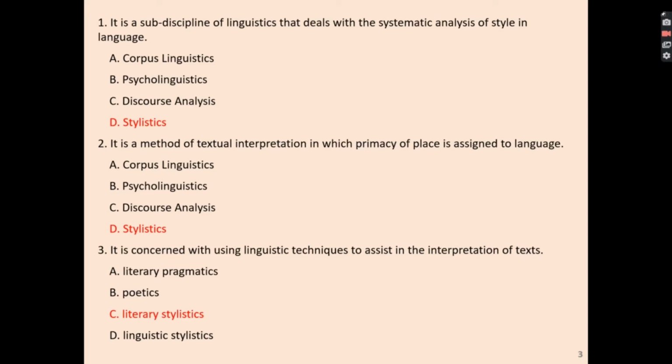And after using the linguistic techniques that we can possibly use in the analysis of the text that we are studying, then we are going to come up with its interpretation.